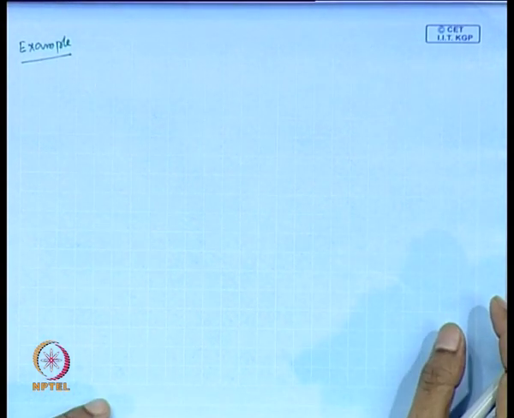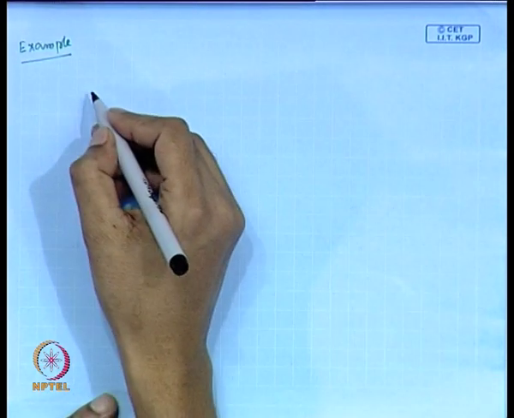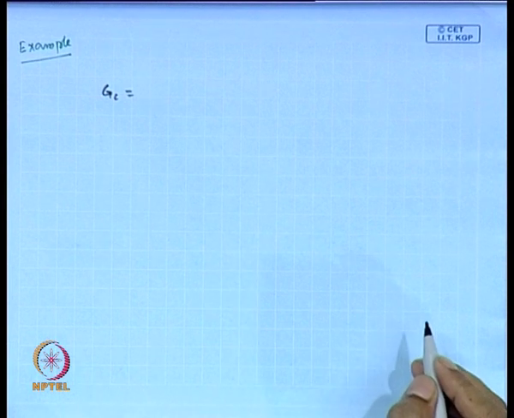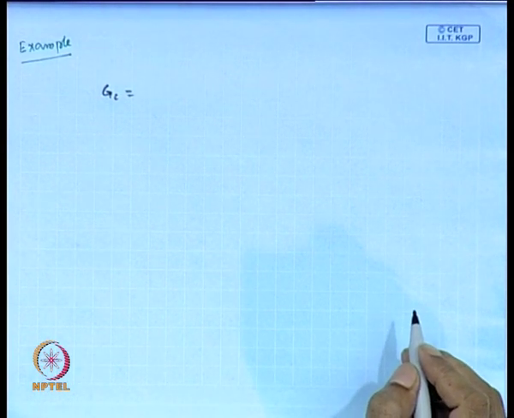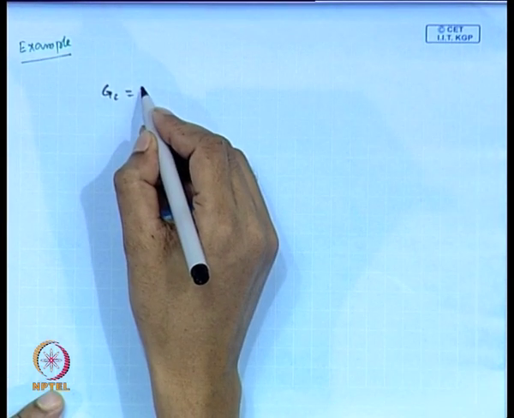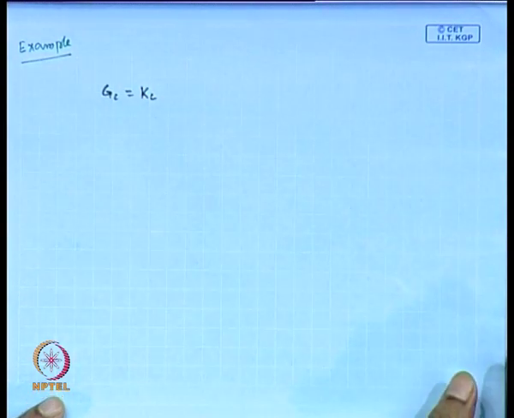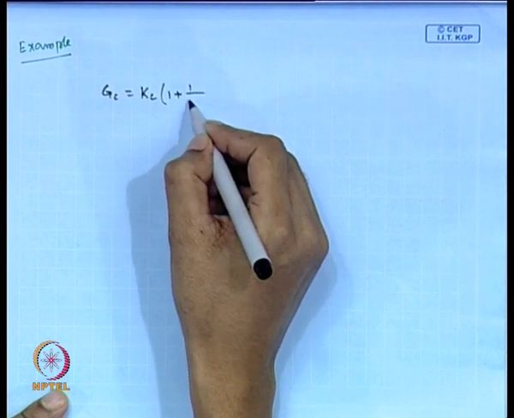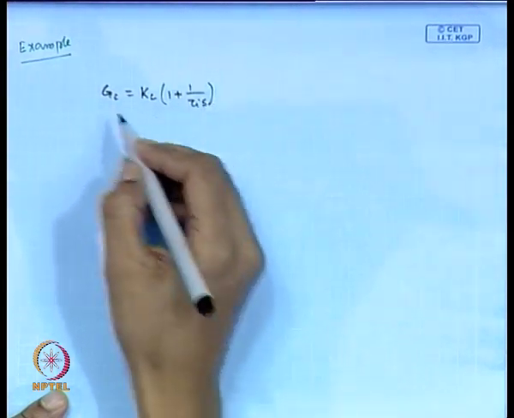So, in this example, first we will consider one closed loop block diagram, and we consider a PI controller which has the transfer function Gc equals Kc (1 plus 1 divided by tau I s).